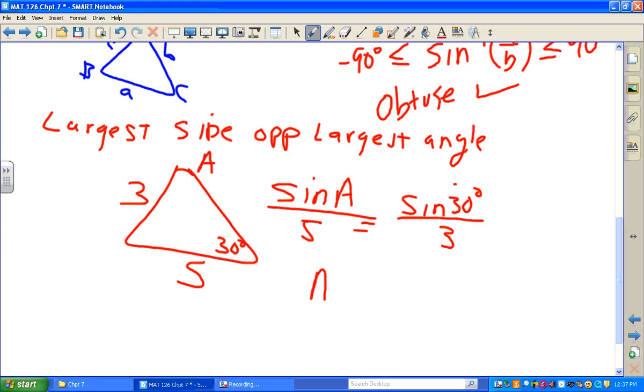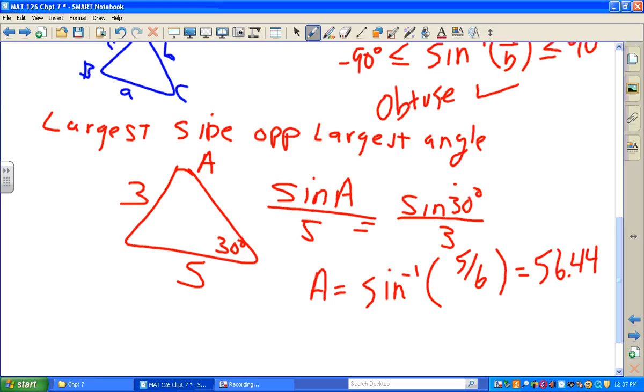So, A equals the inverse sine of 5/6. Which is what? 56.44.